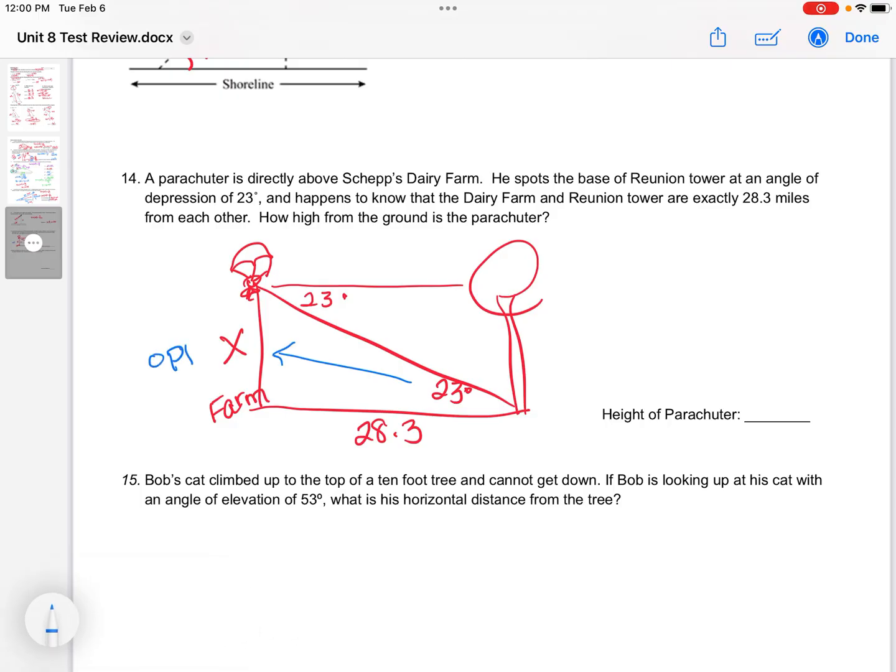So opposite, adjacent, tan 23 equals x over 28.3. So he is 12 miles up in the air. That sounds really high and probably not right, but there you go.